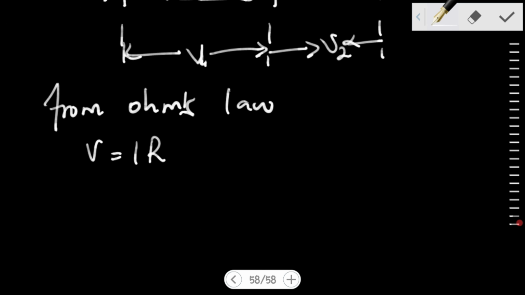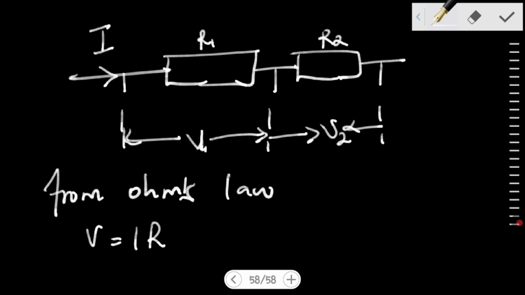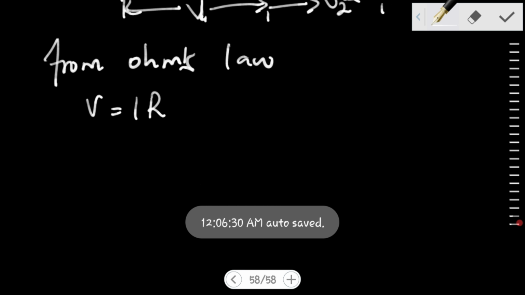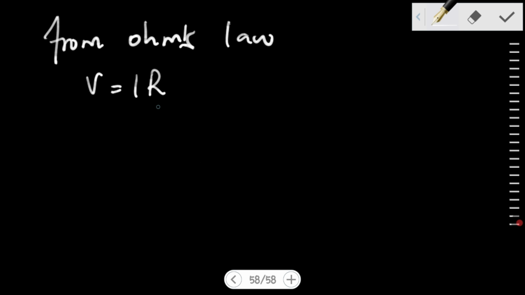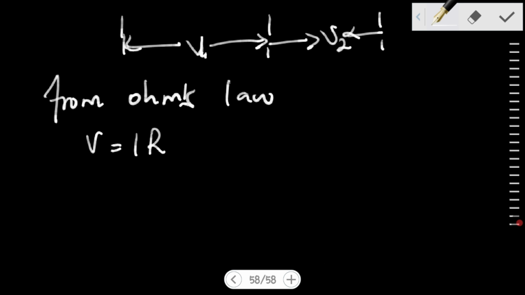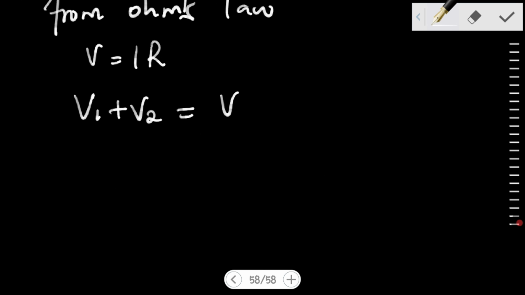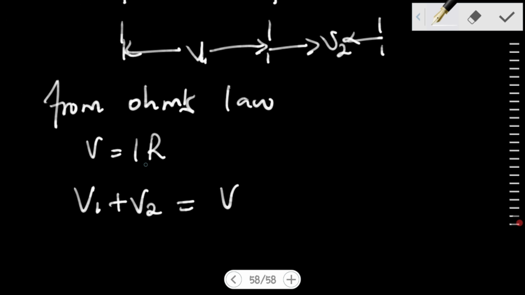Since the current through R1 and R2 is the same but the PDs are different, let's say for the total PD, if I add V1 plus V2, that gives me the total PD, which would be V.